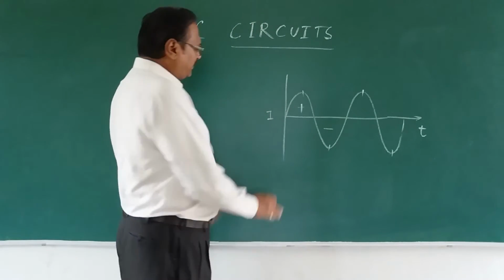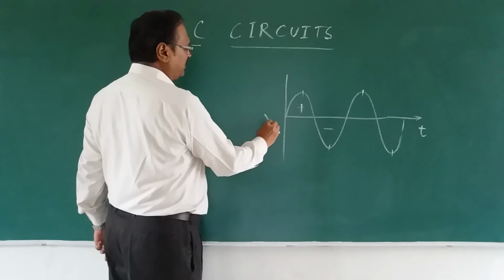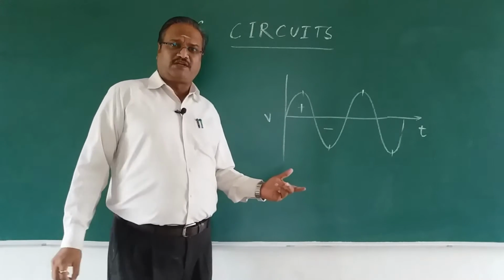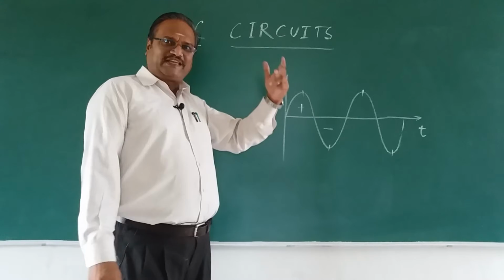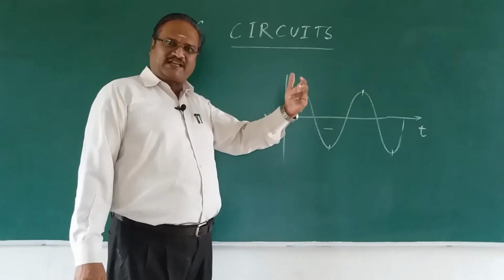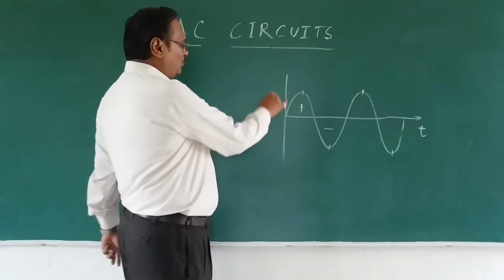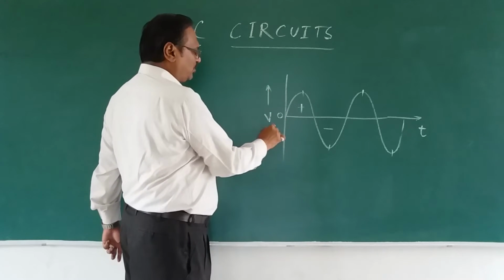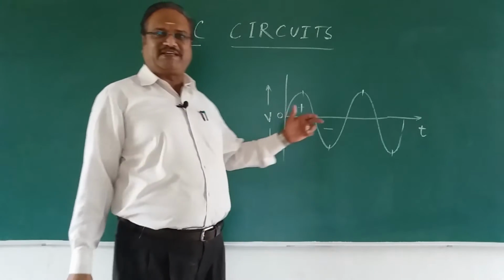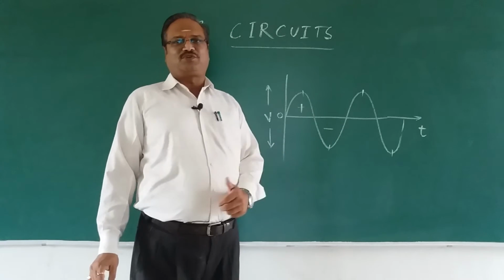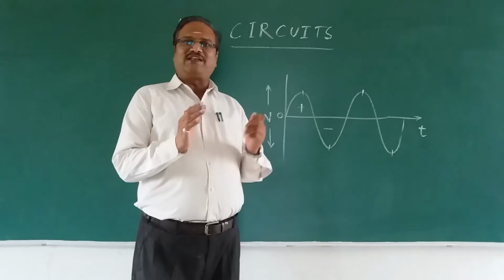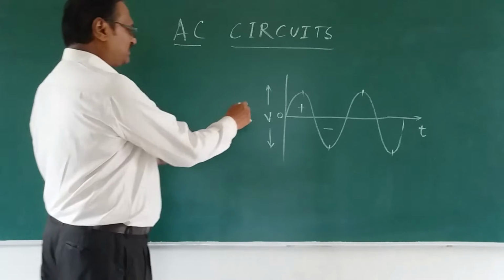If I don't take current here, I can take voltage also, the potential difference. In olden days we said EMF epsilon, but I am going to use potential difference or voltage. So voltage can be from 0 to a positive value or it can be a negative value. So what is the value of the potential difference?